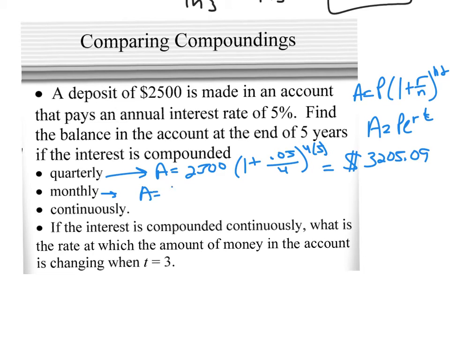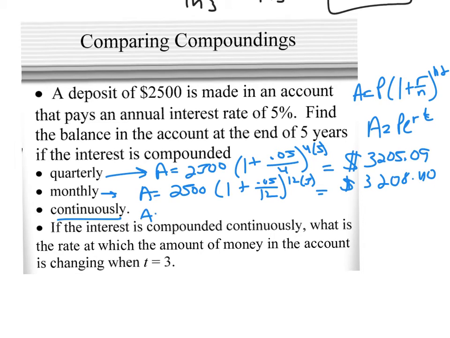The only thing that's changing in this problem is now n is 12. That means you end up with a little bit more money. Once you plug that into your calculator, what you'll notice is that banks do not use compounded continuously because you make even more money.